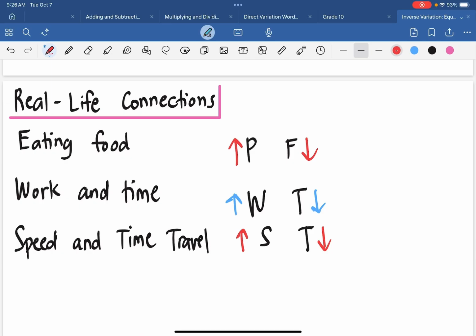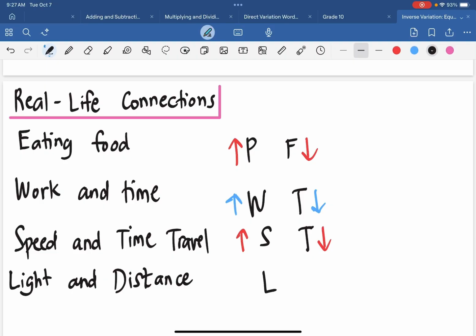Another thing, let's have light and distance. For light and distance, the farther you move from a light source, the dimmer it becomes. And I think that is pretty understandable. So here we have light.